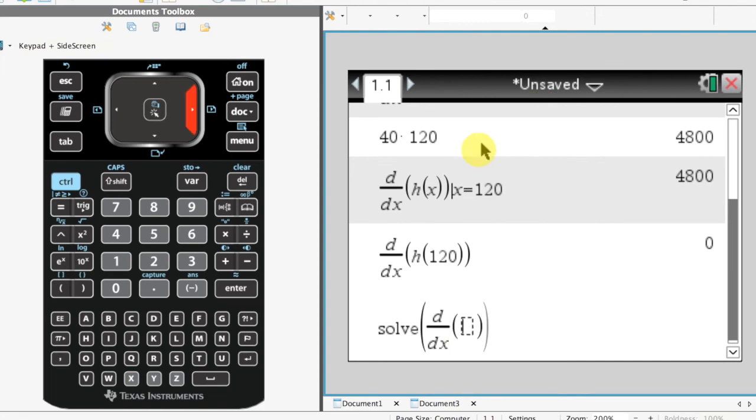And inside here, we're going to put in the h of x function. So at the moment, we've got solve, and then inside that, we're working out the derivative of h of x, and we want the derivative of h of x to equal 1,000. I'm going to solve for x. I'm going to go comma x.